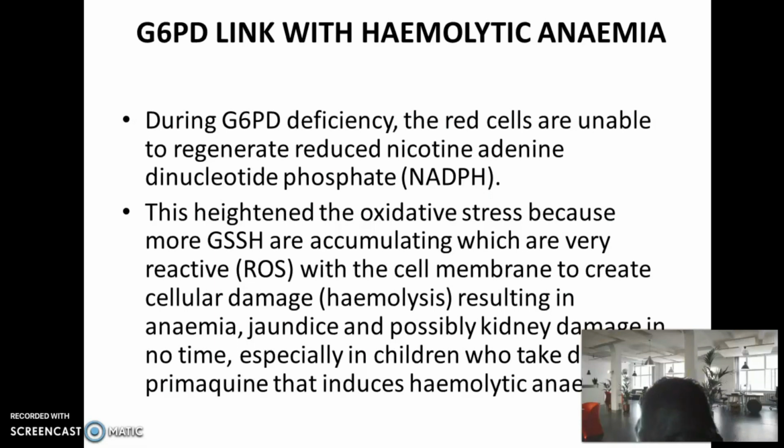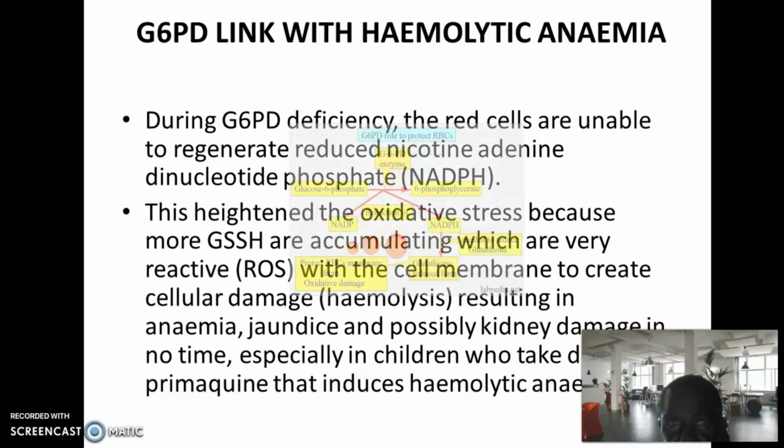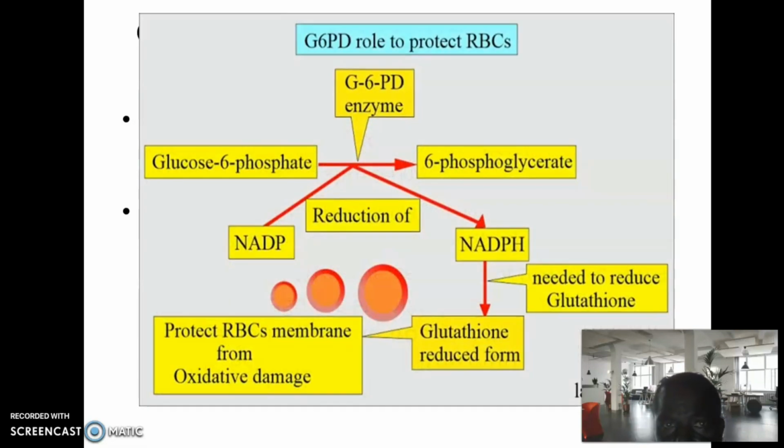It is that problem of regenerating the glutathione. You can see that being explained here, where the G6PD absence will not allow the process to go on and will result in the glutathione not being reduced. The reduced glutathione helps to protect the red blood cell membrane from oxidative stress.